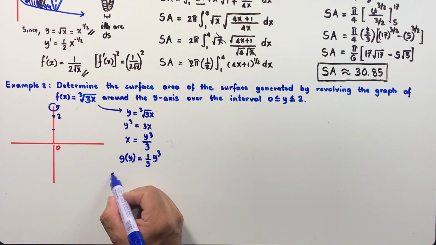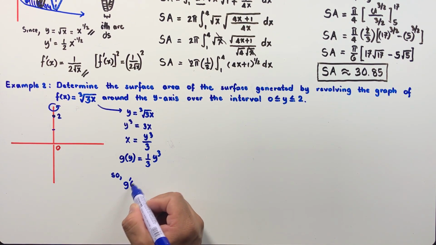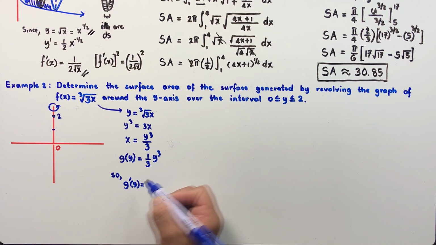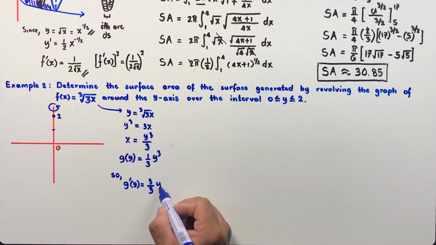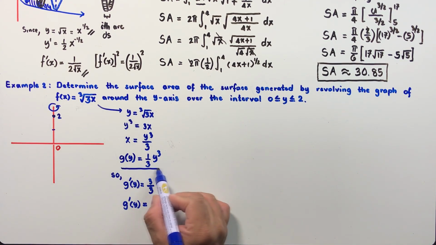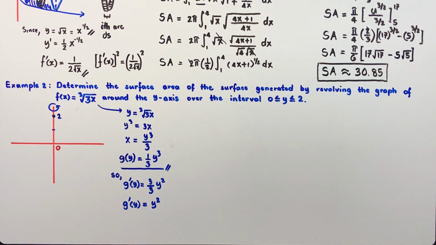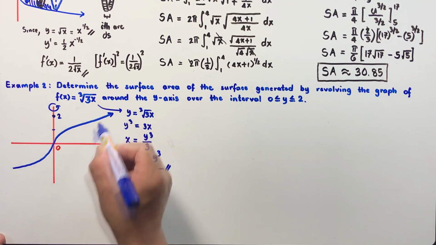Then therefore, we can solve for the derivative of this g of y. And the derivative of this is 1/3 times 3, which is 3 over 3 y squared. So therefore, our derivative of g is equal to y squared here. And sketching the graph of this cube function, the graph is this one here.